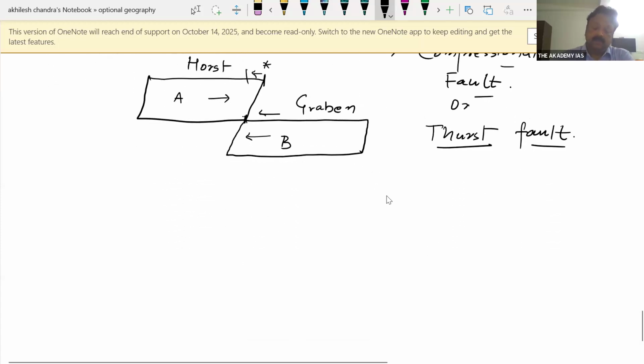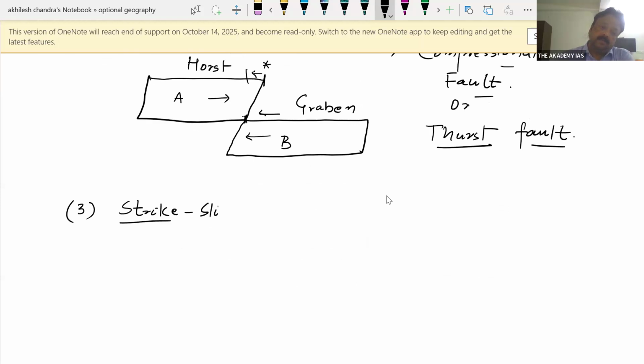Next one, third one is strike slip fault. Strike slip fault, that is also called a lateral fault. Lateral fault.